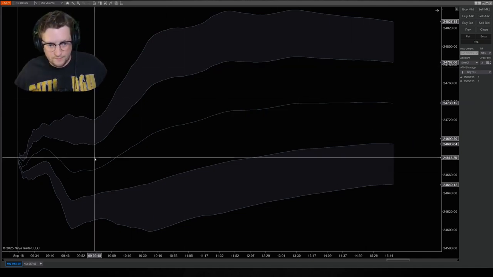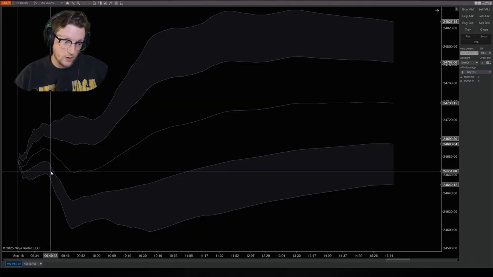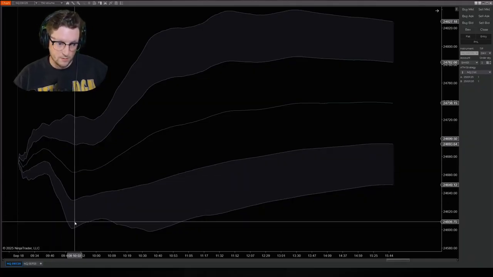It's balanced. Now, the times that it spends in the lower bands, when those bands are sloping, I consider that imbalance.